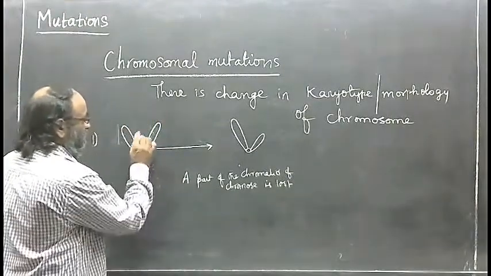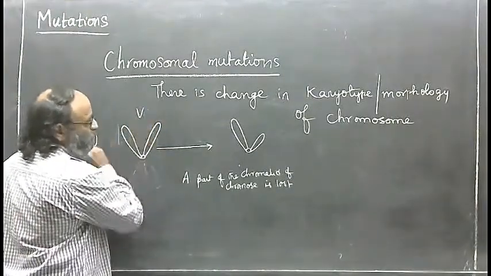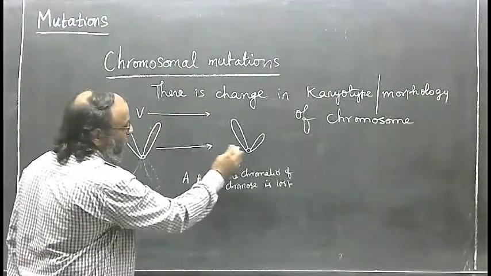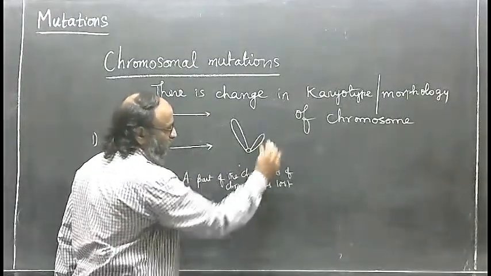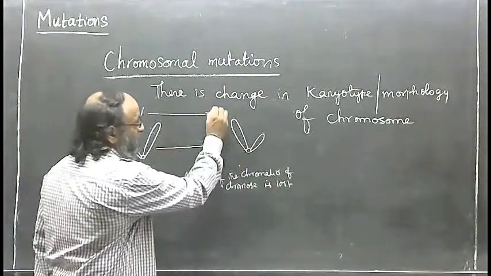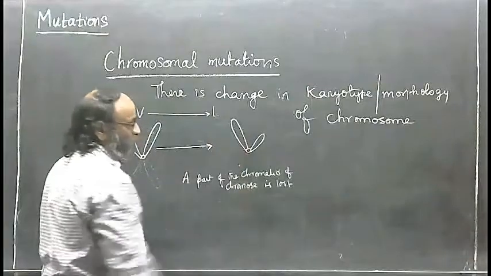That means a V-shaped chromosome, upon the loss of a segment of its chromatid, becomes roughly L-shaped.